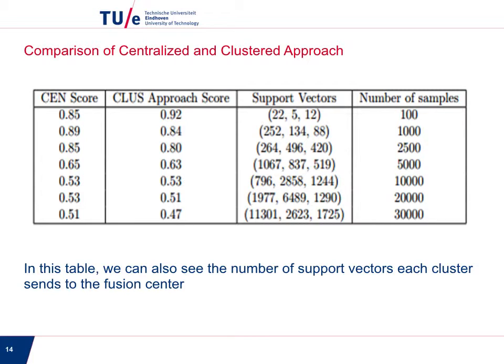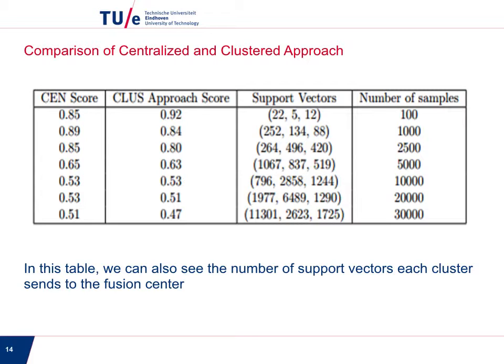So this performance can be attributed to the observation that only the support vectors play a role in the estimation obtained in the clustered case, and the other observations don't affect it. Here you can also see a column of support vectors.